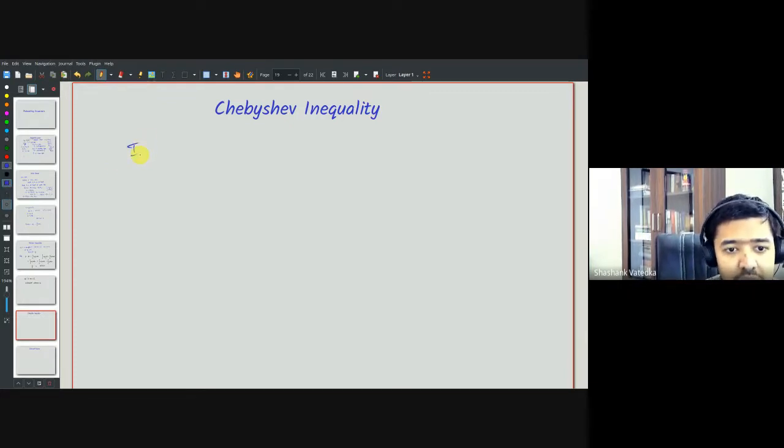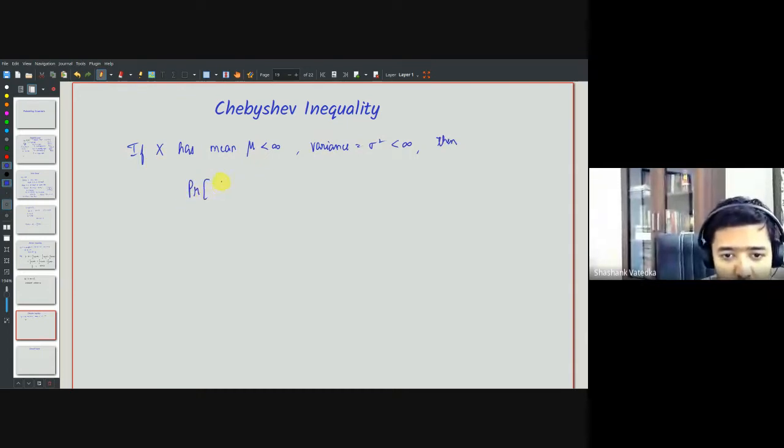The Chebyshev inequality says the following. If X is any random variable, continuous or discrete, with a finite mean mu and a finite variance sigma square, then for any positive number a, the probability that the absolute value of X minus mu is greater than or equal to a is less than or equal to sigma square divided by a square.